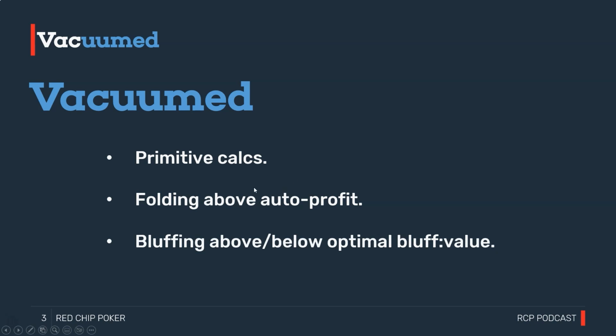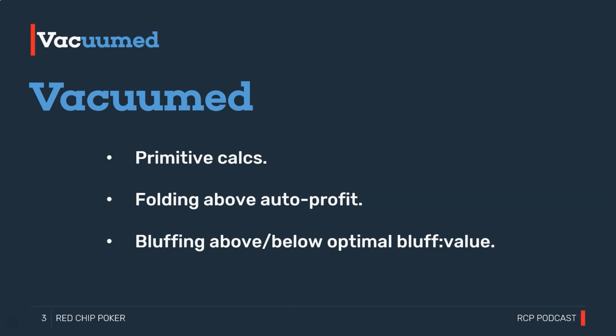So is our opponent folding above a break-even threshold? But also the calculation where we look to see how often our opponent is bluffing and whether we have a pot odds call against that with all of our bluff catches. There's nothing overly complicated here. We don't need to make use of any GTO calculations.